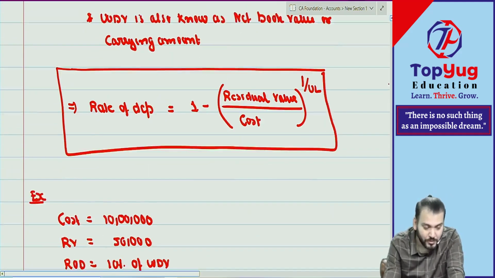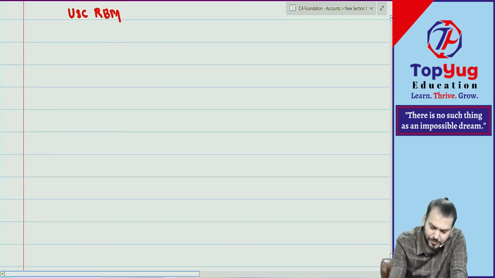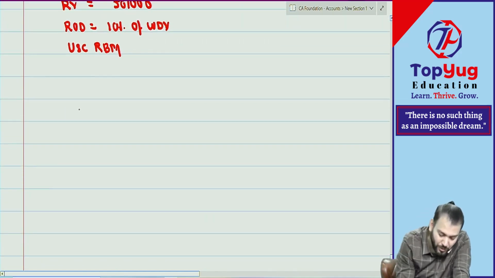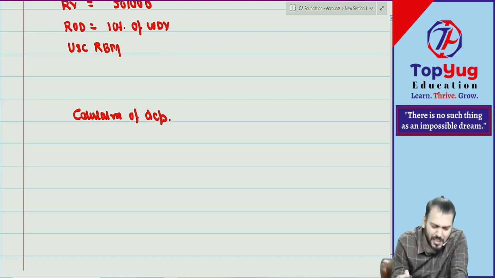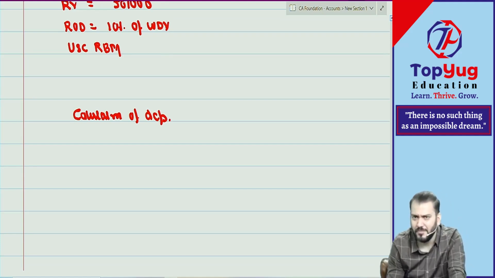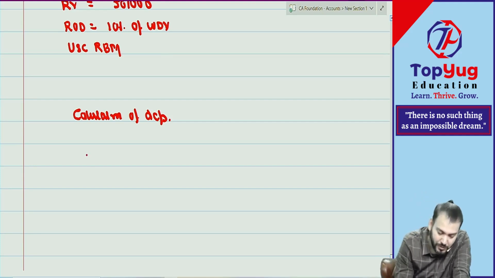So how to calculate? Write down the calculation of depreciation. Let us calculate for 3 years, at year end: 1, 2, 3.